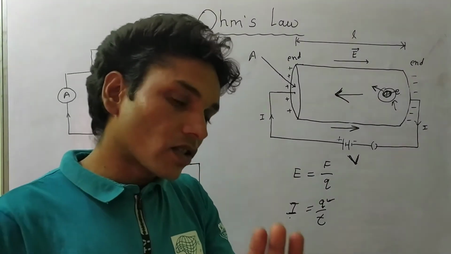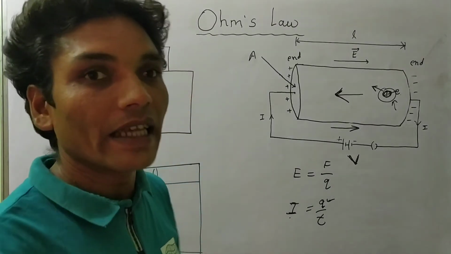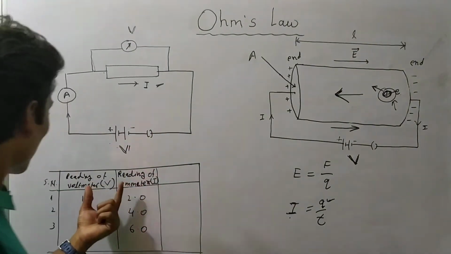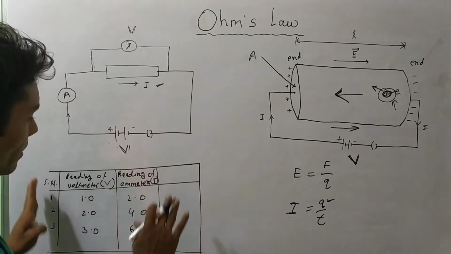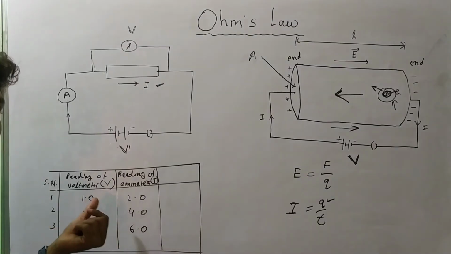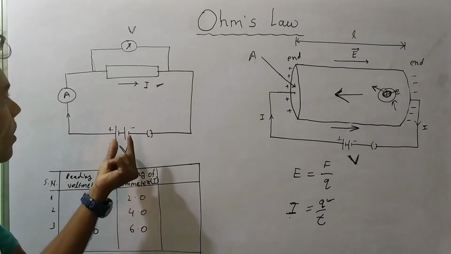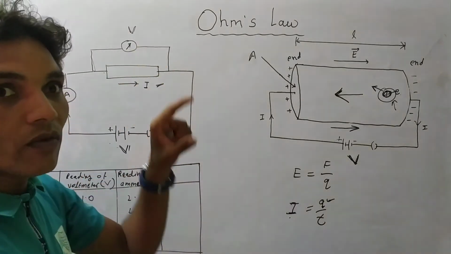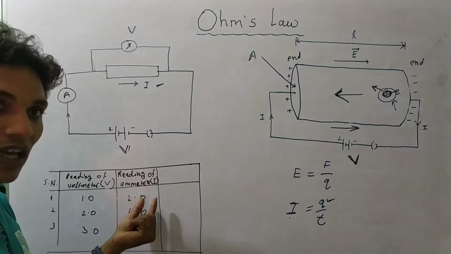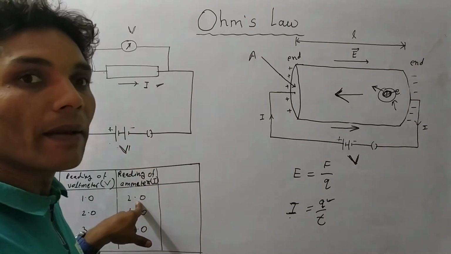Discussing numerical values, if he had taken 1 volt of potential difference, the current flowing through the conductor would be 2 ampere.